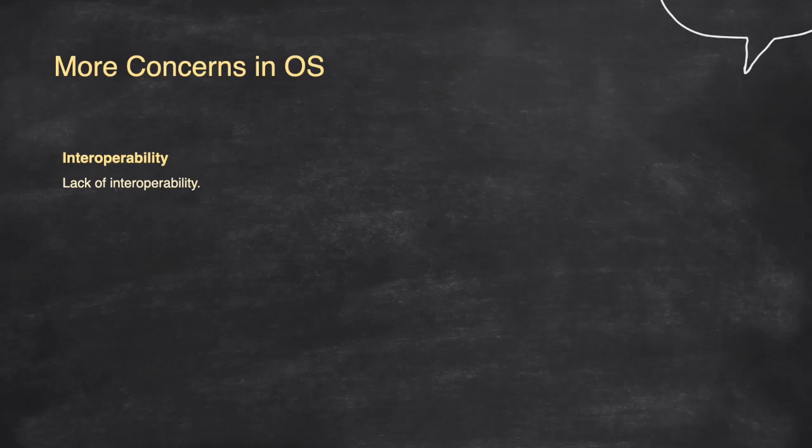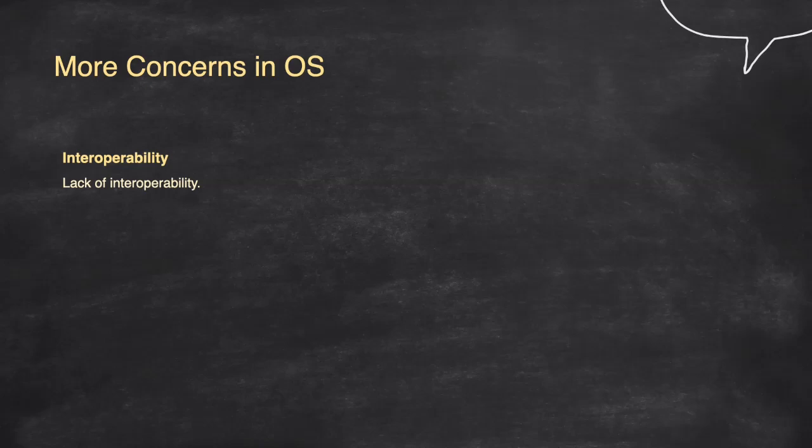Friends, lack of interoperability occurs when a system or software cannot effectively communicate or work with other systems, software, or devices. This can create significant challenges in environments where diverse technologies need to integrate and share data.